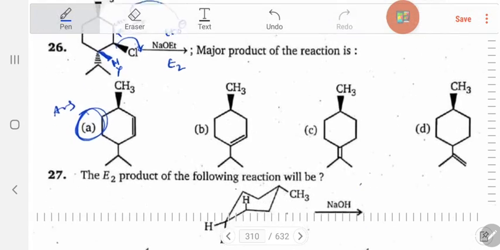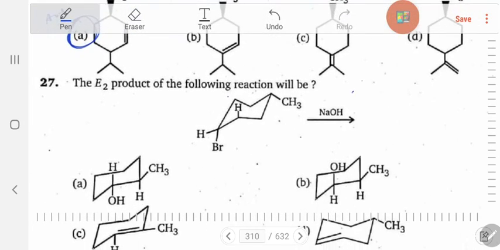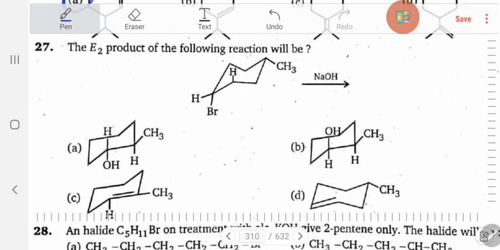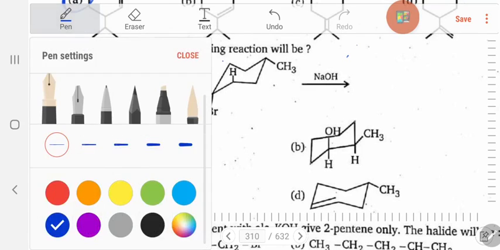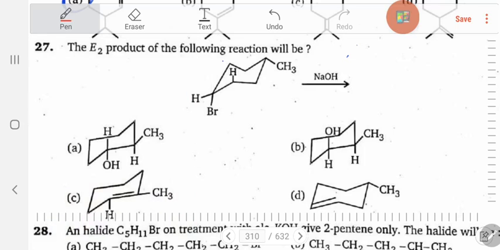Next, question number 27. The E2 product of the following reaction is. Now here again, this hydrogen and bromine both are obeying the anti condition. That means a diaxial condition. So this hydrogen is above the plane, this bromine is below the ring, both are in opposite directions.